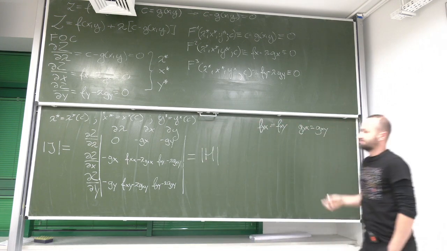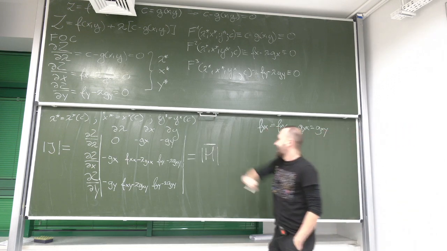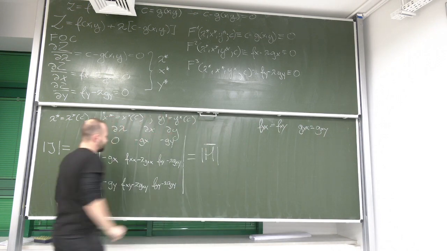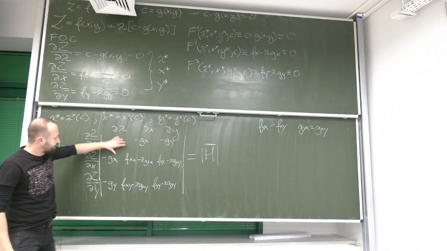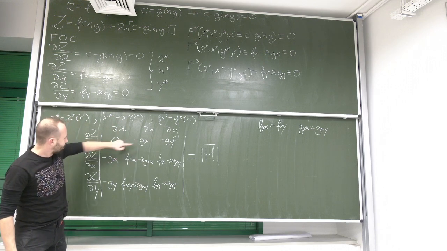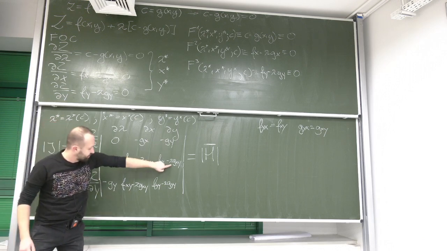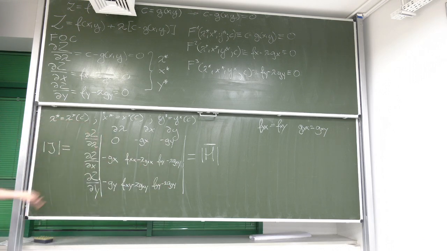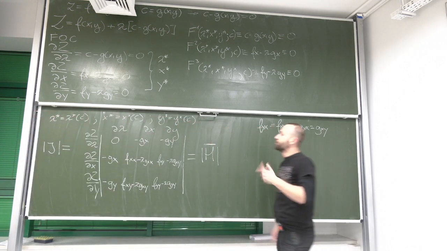This is simply the same bordered Hessian we used before. We clearly see that this determinant is symmetric, right? Those expressions are the same, those expressions are the same, those expressions are the same. So the primary diagonal serves as a mirror, and this is exactly the bordered Hessian we were using.